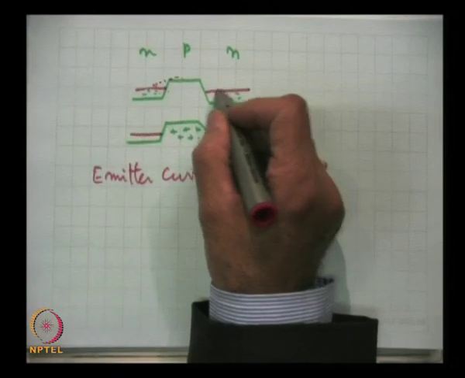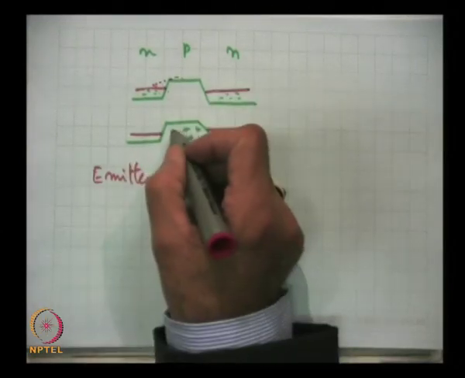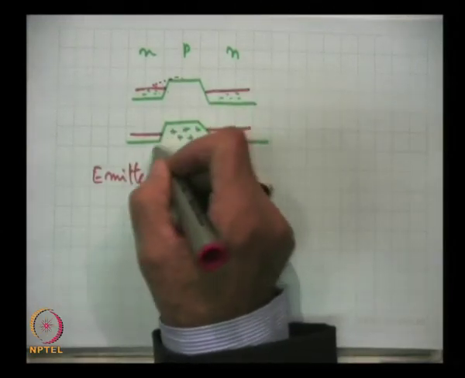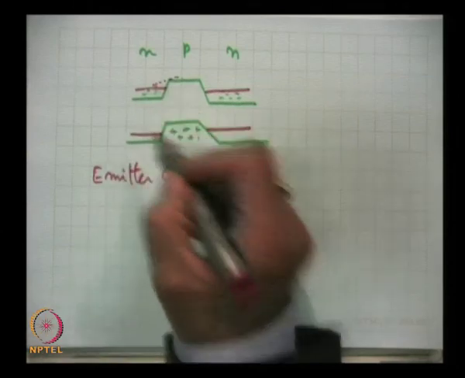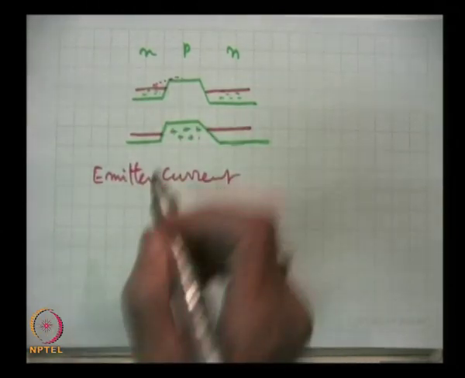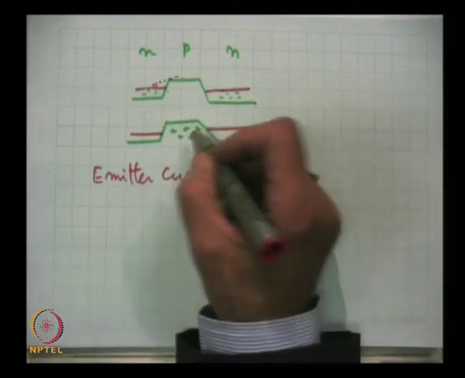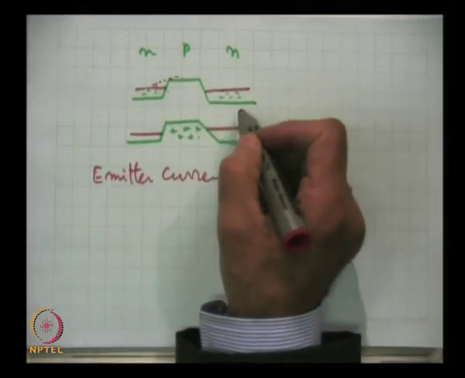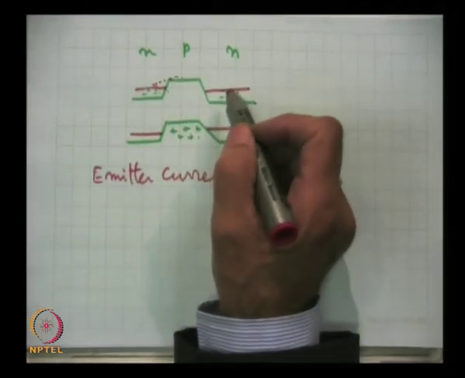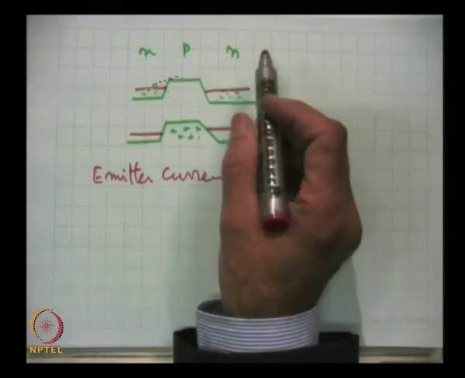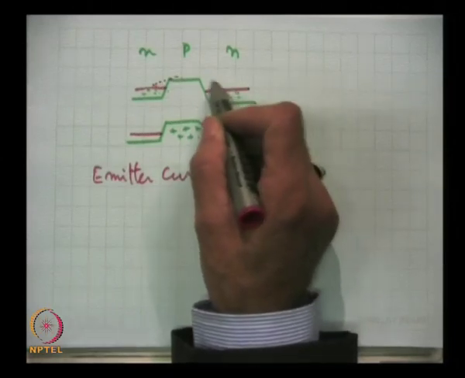and similarly the electrons, and of course a small number of holes, will also diffuse towards the emitter. That will be part of the emitter current. They will also diffuse towards the collector, but the major contribution of collector current will be from the electrons.